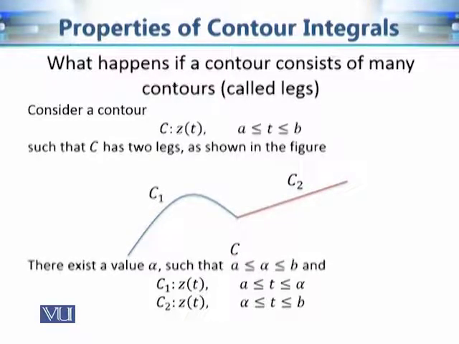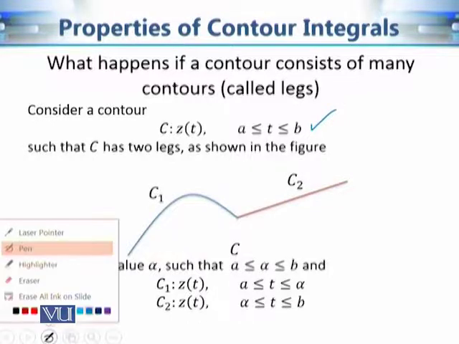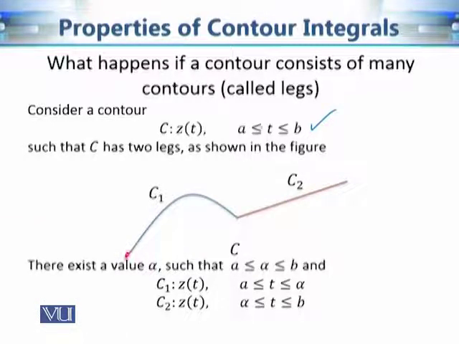If we write down the parametric representation of C to be z(t), where t varies from a to b, then when t is equal to a, this is the point z(a), and when t is equal to b, this is going to be the final point z(b), and for example we are moving in this direction.